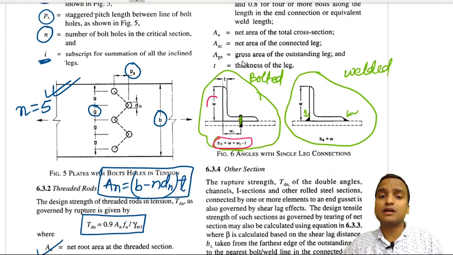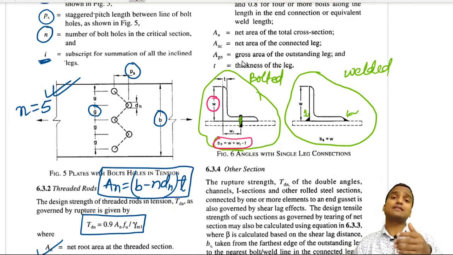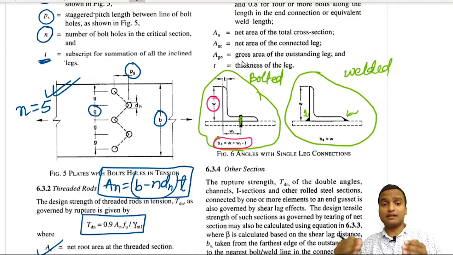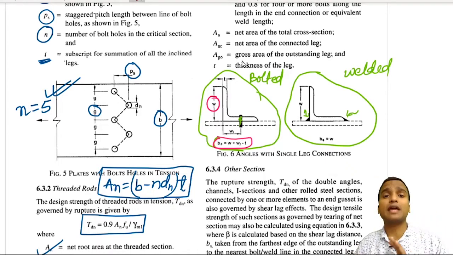Now there are two legs in case of angles. One leg is the outstanding leg and the other leg is the connected leg. In an angle section, one leg will be the outstanding or hanging leg like a cantilever, and the other leg will be the connected leg.